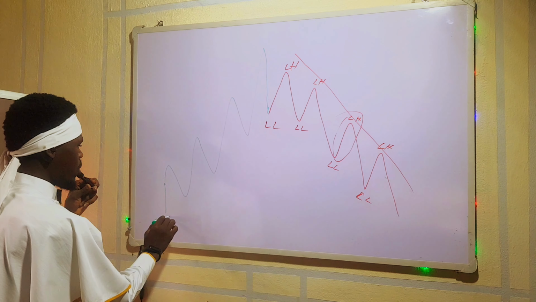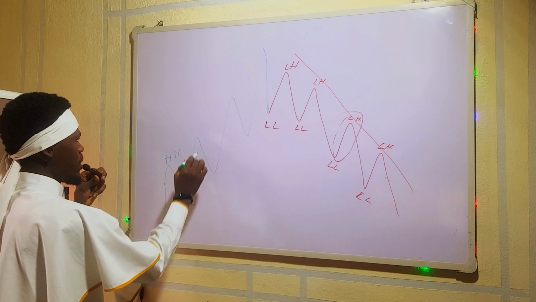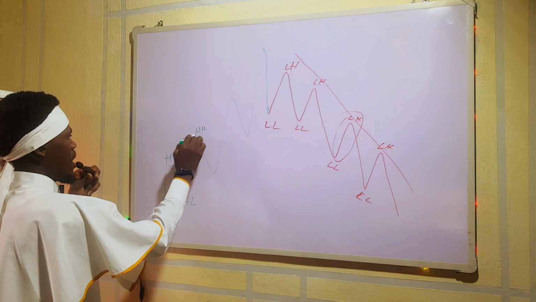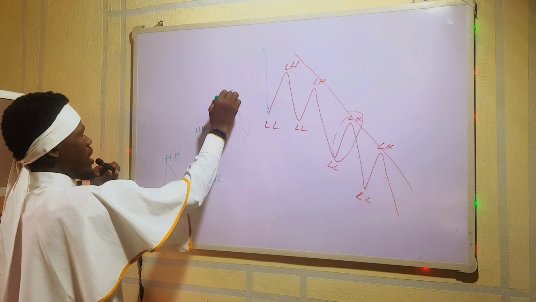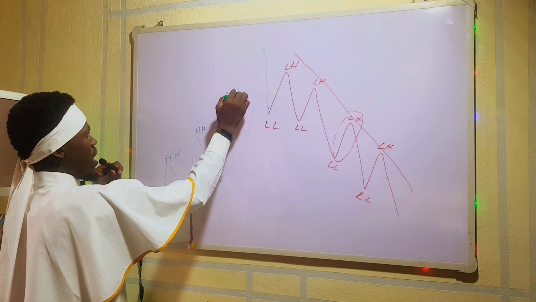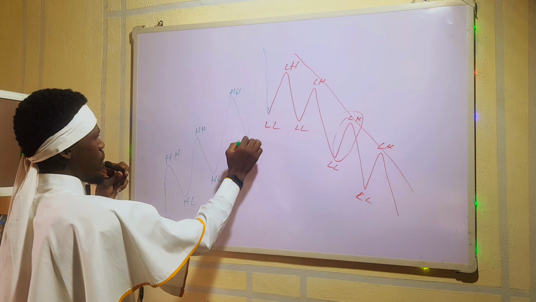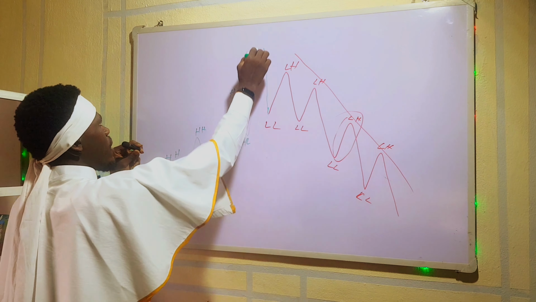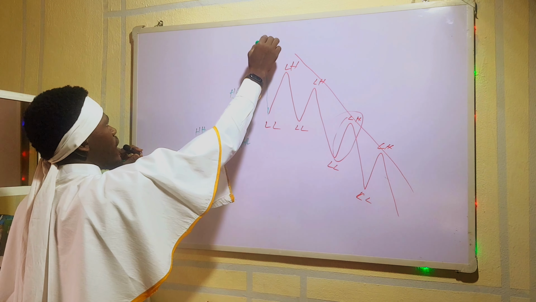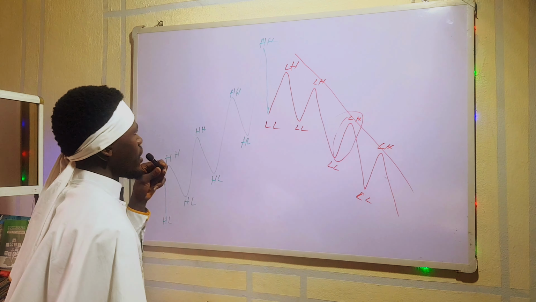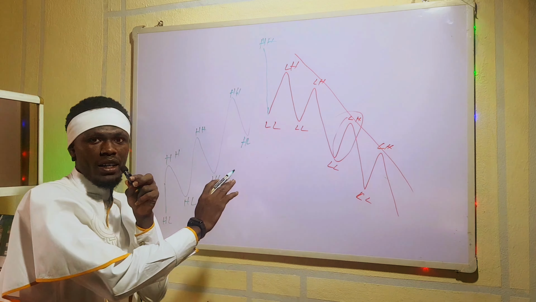This one is the higher low, higher high, higher low, higher high, higher low, higher high, higher low, higher high. Now, you see the market like this.